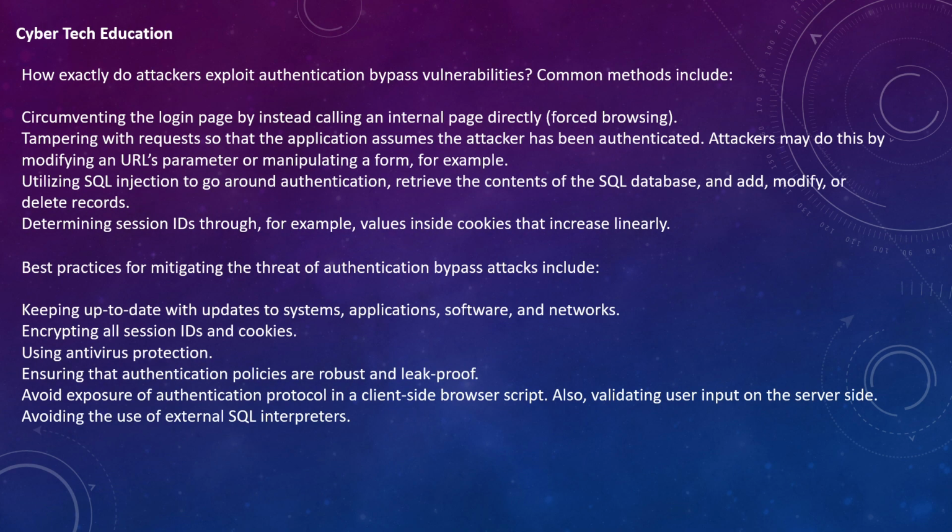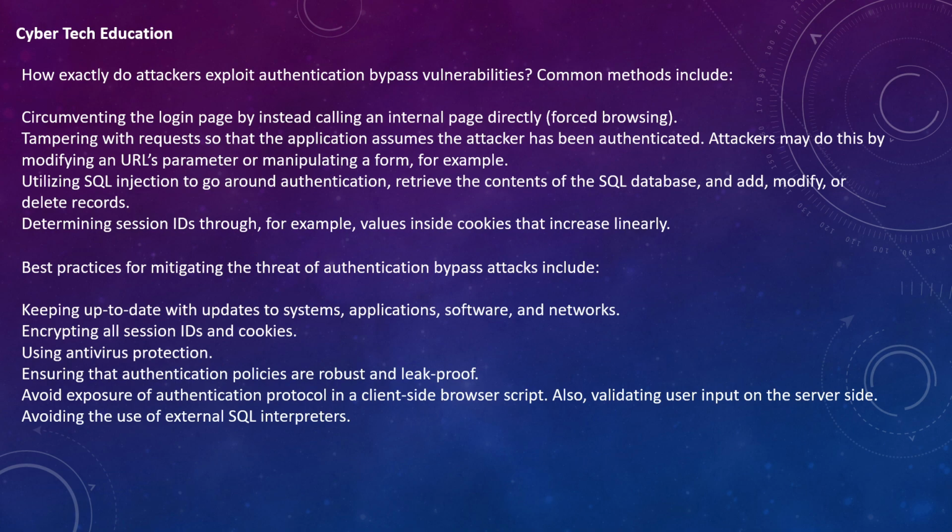So how exactly do attackers exploit an authentication bypass vulnerability? Common methods include circumventing the login page by calling an internal page directly, and tampering with the request so that the application assumes the attacker is authenticated.